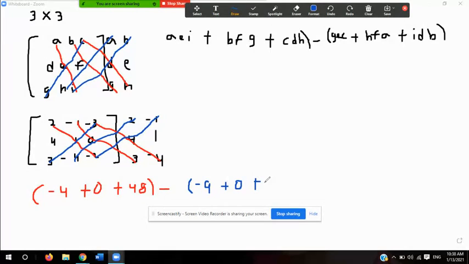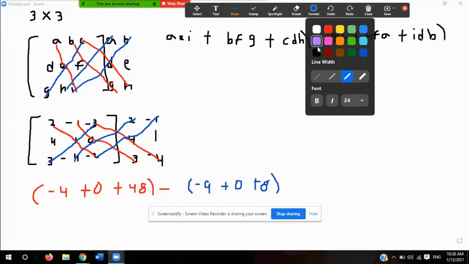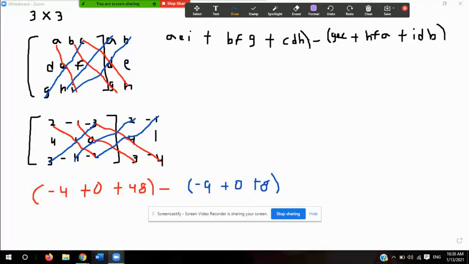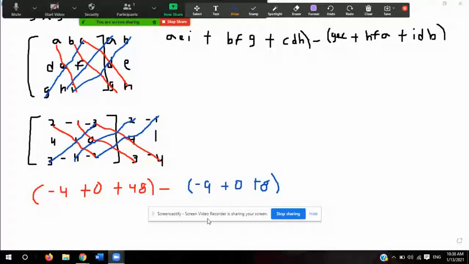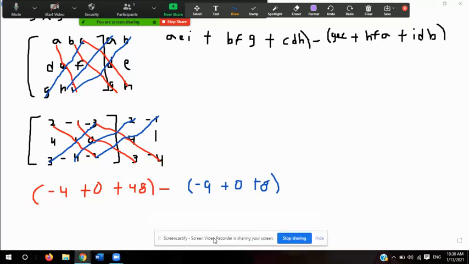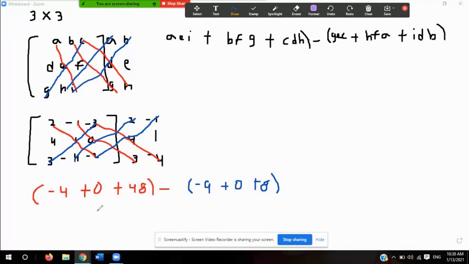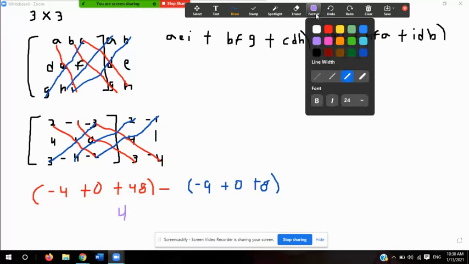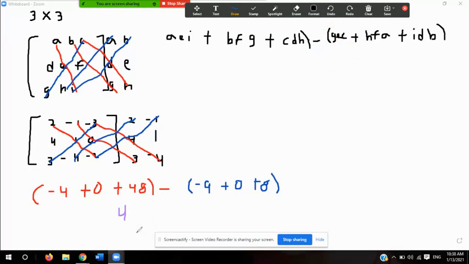And now that we have everything arranged in the correct order, we can proceed to find the determinant of this matrix. So if I have negative 4 plus 0 is negative 4, and negative 4 plus 48 would be positive 44. So this would be 44 down here.